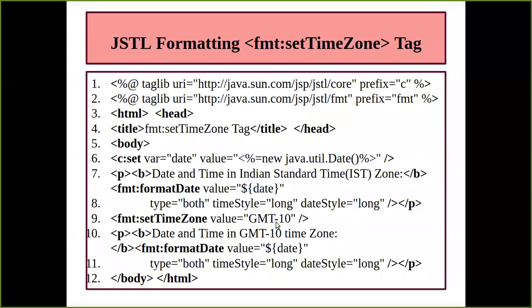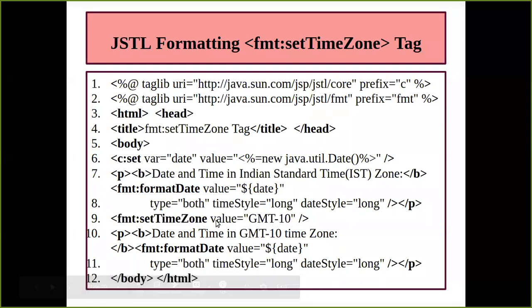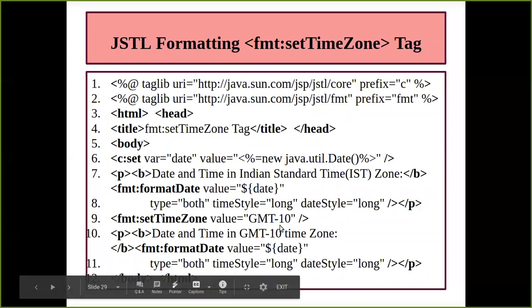And then if you want to make changes, if you want to set your time zone, we make use of GMT 10 and we say it in the attribute called value, so that your set time zone tag understands in which form you want it. And this format has to be applied to which variable? The variable which is holding some date and time, that is the date variable.